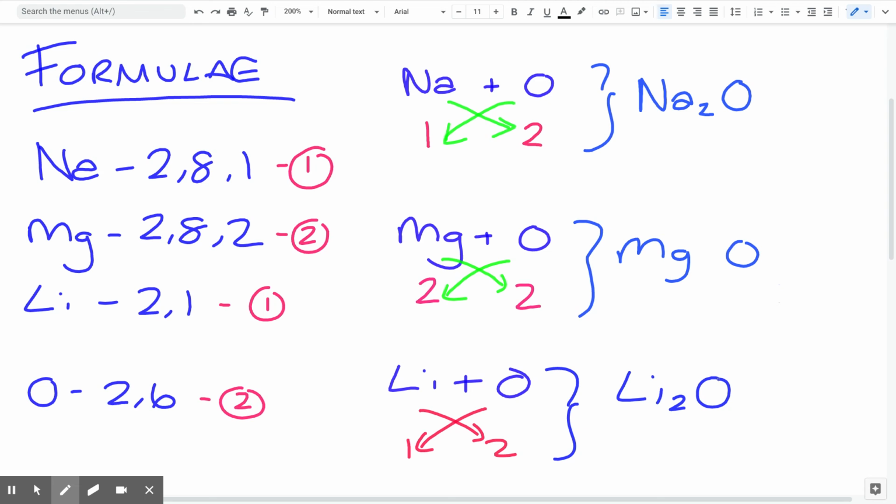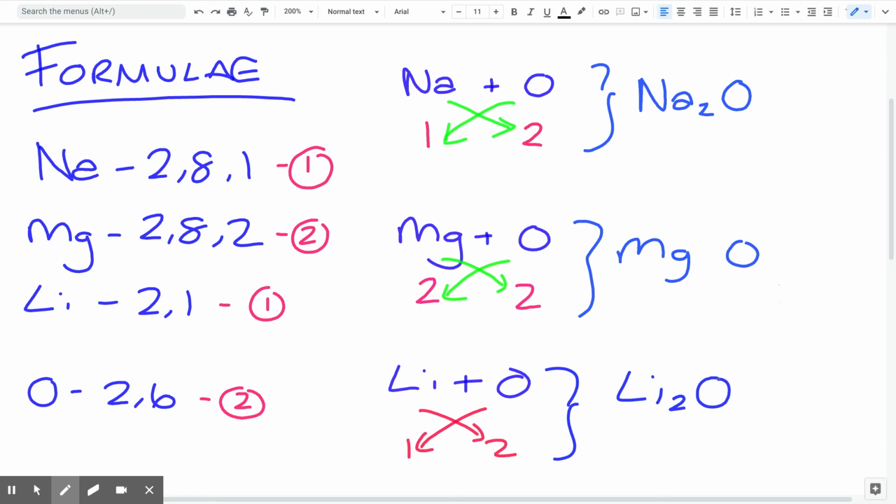That's why, as we'll look at, they are in the same groups. Sodium has 1 outer electron, as does lithium. Therefore, the resultant formula follows a similar pattern whereby we have 2 of the metal and 1 of the non-metal. So we have Na2O1 and Li2O1. But again, not writing the ones.